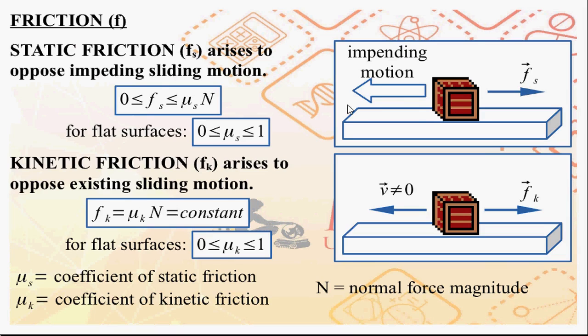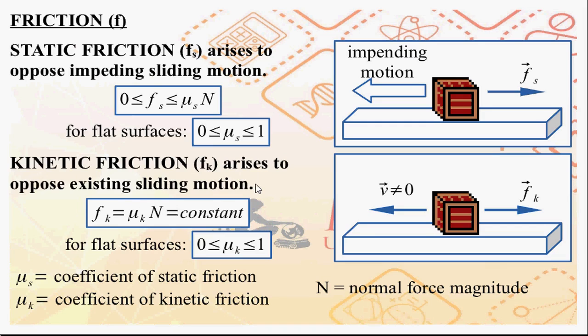When the object is already sliding, there's existing sliding motion. The friction that will oppose that sliding motion is kinetic friction. You have F sub k arising to oppose existing sliding motion.